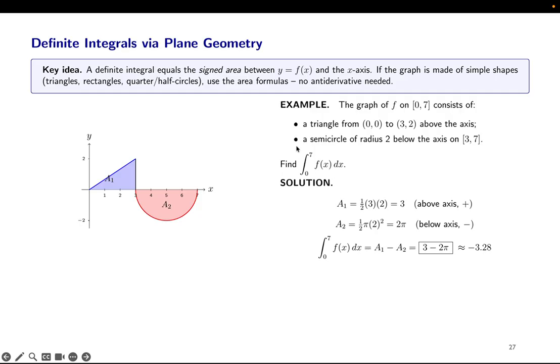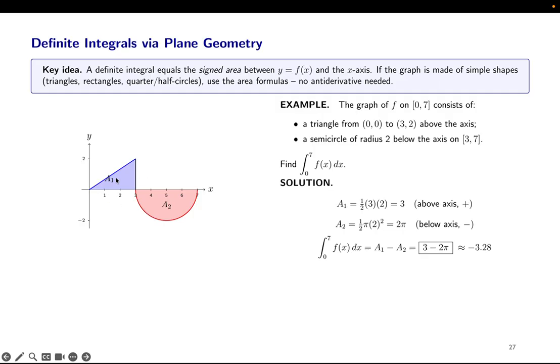So forget about the whole limit and all that. That whole limit process, in the end, just gives us the area. Because these curves give you a nice shape. This is just a triangle. We know how to find the area of that, so we don't have to worry about finding the limit and any of that stuff. This is just the area of a half circle. We know how to find the area of that. So whether we do it by limit or not, it's going to be the same. So we might as well do this using just the simple shapes. And so that's how we're going to do that.